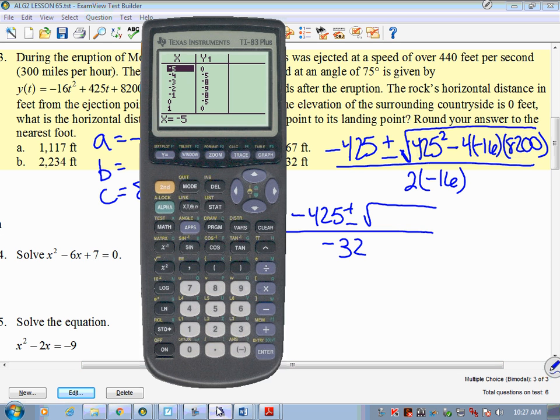Let's grab our graphing calculator and do some quick math, because we're dealing with some big numbers. 425 squared minus 4 times negative 16 times 8,200. I get a pretty big number, right? 705425. Where that's plus or minus, correct?